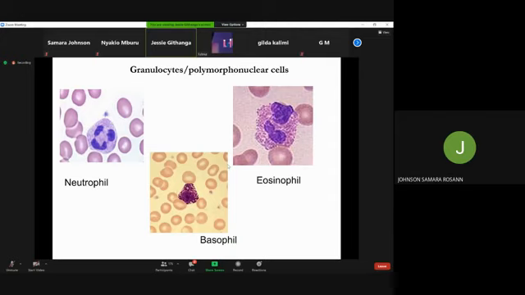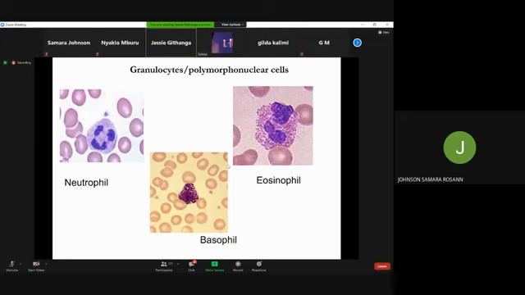You can see that the cytoplasm in this case is densely packed with coarse granules. These are not fine granules like the neutrophil. These are coarse granules, described as reddish orange or salmon pink.